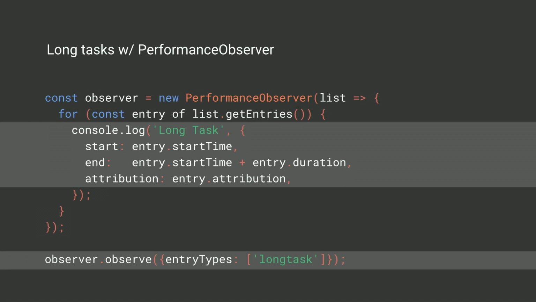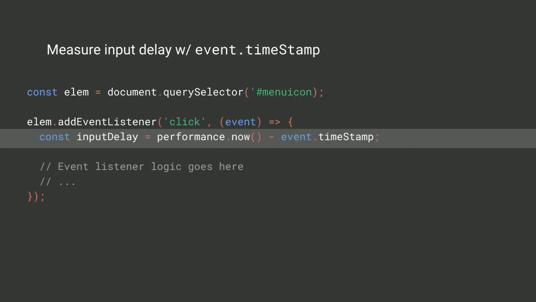If you want to measure input delay, event.timestamp is your friend. This property on an input event was actually only added, I think, like 3 years ago. It reflects the earliest known time that we have for that particular input.